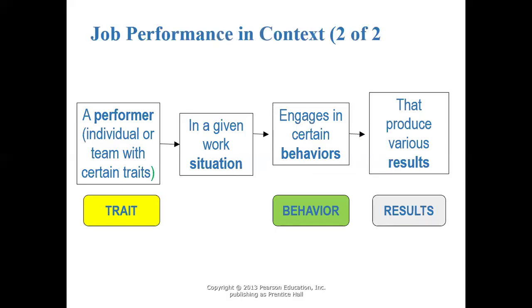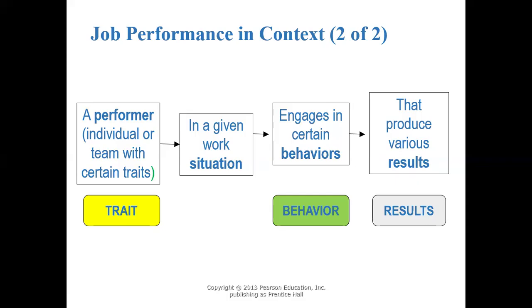Now, we have three levels. You can look at the traits, the behavior, and the results. These are all performance approaches of measuring, right? And so for some people, we have a performer, an individual or a team with certain specific traits, and that is what makes them excel.